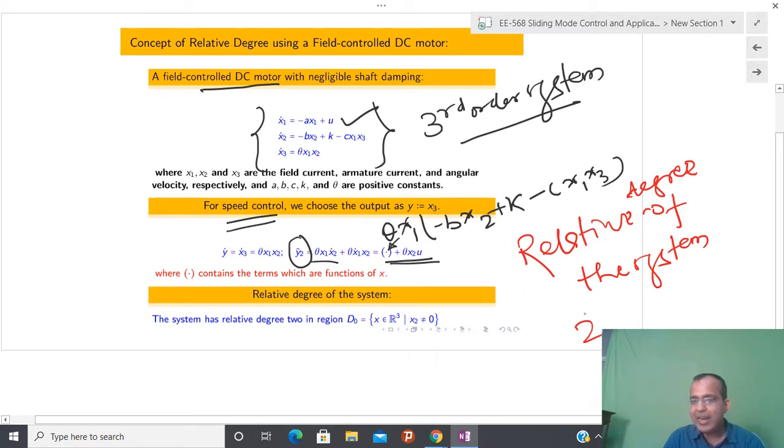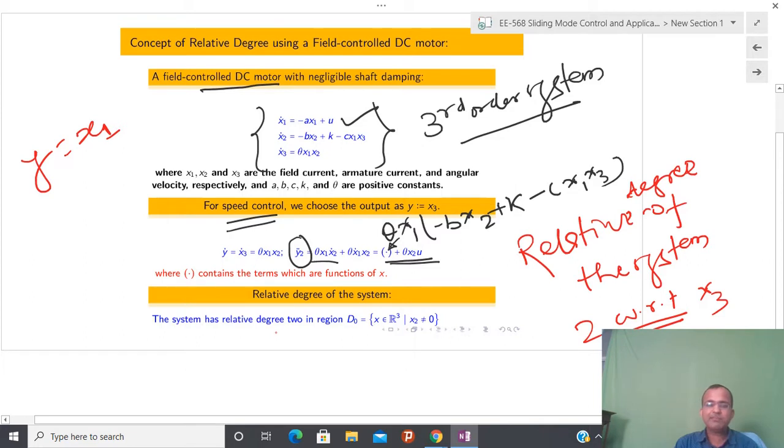But whenever you are writing relative degree, you have to make sure with respect to what you are talking about relative degree. So that is x3.